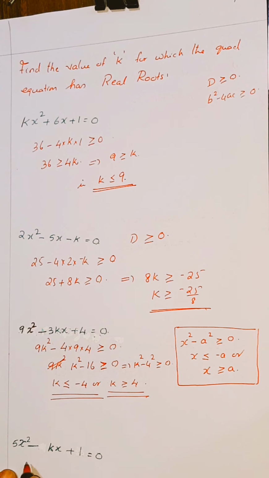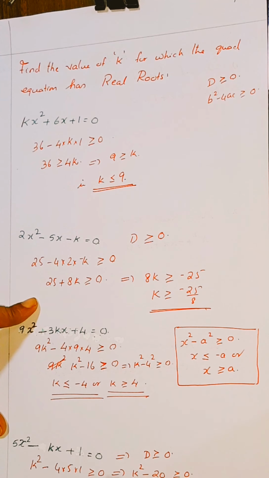Now here again it is D greater than or equal to 0. So b squared minus 4ac will become k squared minus 4 into 5 into 1 is greater than or equal to 0. So k squared minus 20 greater than or equal to 0.